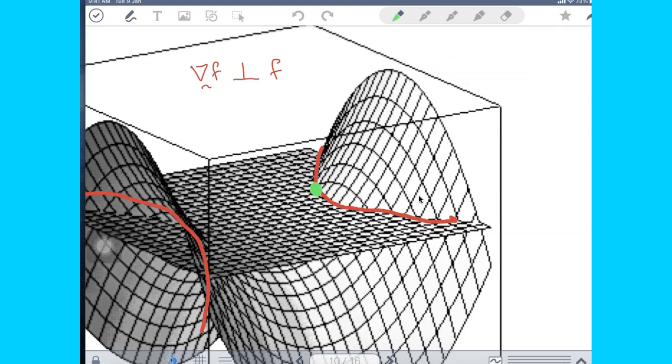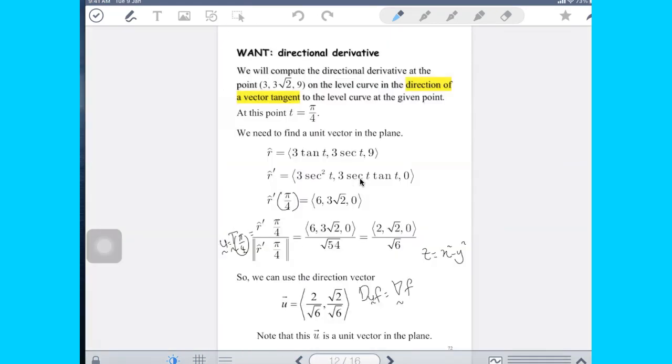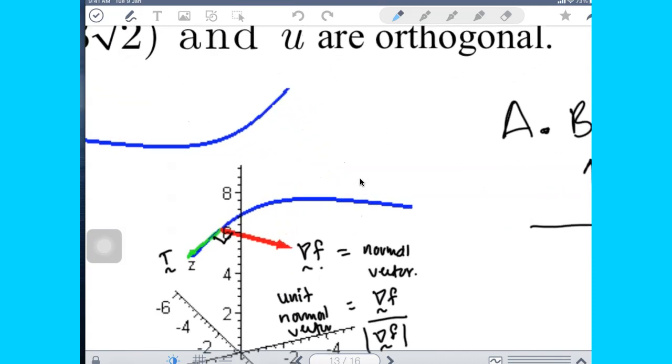We already obtained from the previous video, when you calculate r and the tangent vector of this level curve, that the gradient phi is normal to this surface, from this calculation and this sketching.